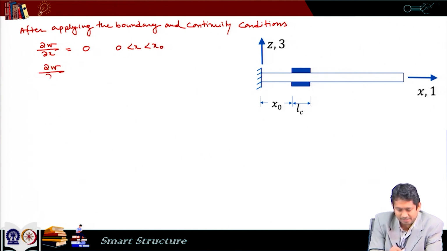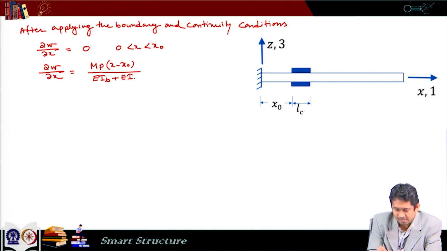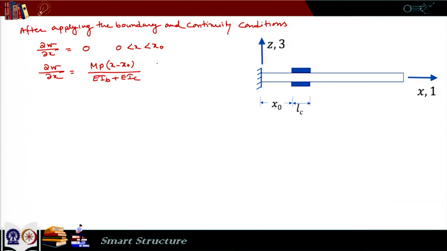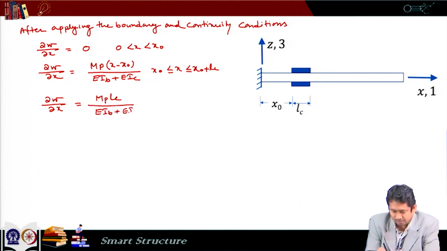Then we have del W by del x is equal to MP multiplied by x minus x0 by EIB plus EIC when my x is between x0 and x0 plus LC, and then we have del W by del x is equal to MP LC by EIB plus EIC when my x is greater than x0 plus LC.